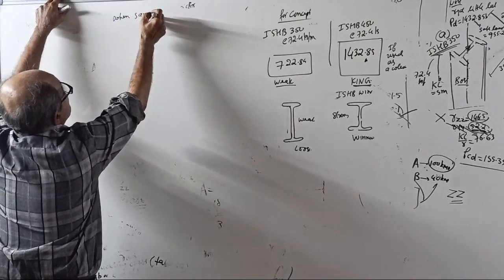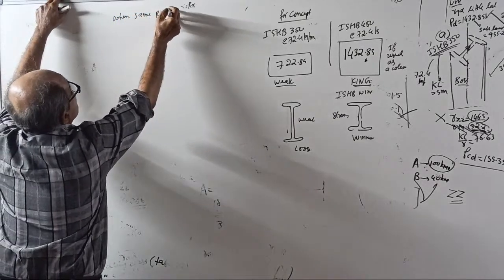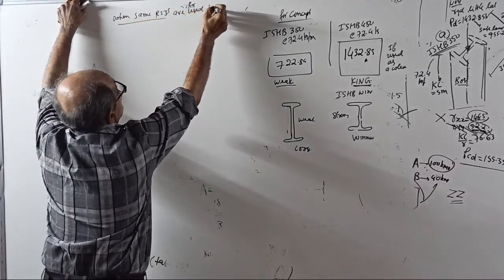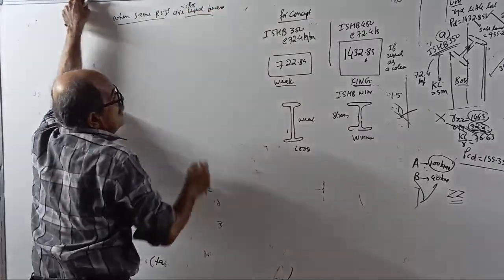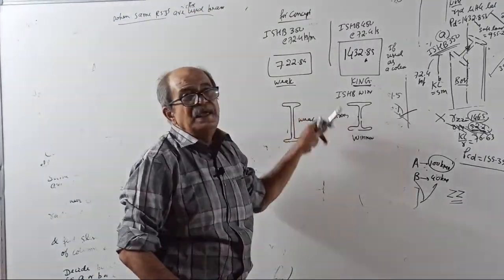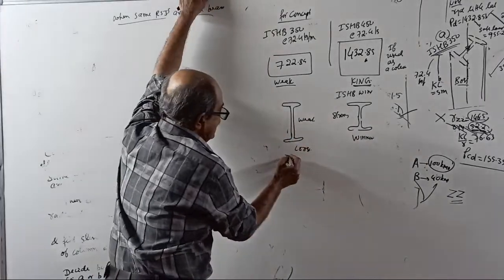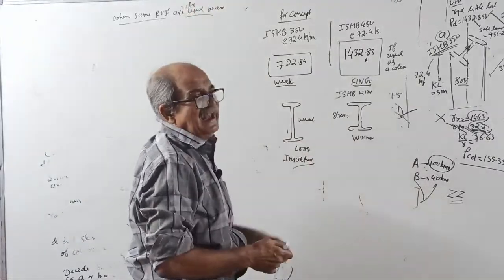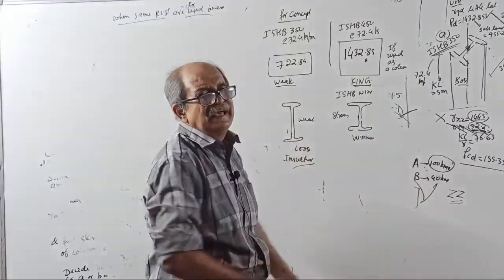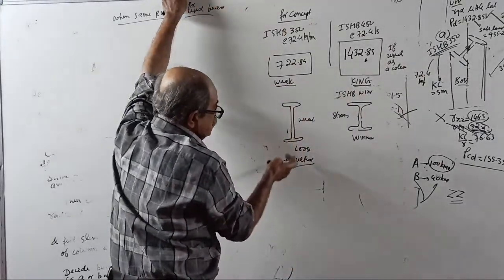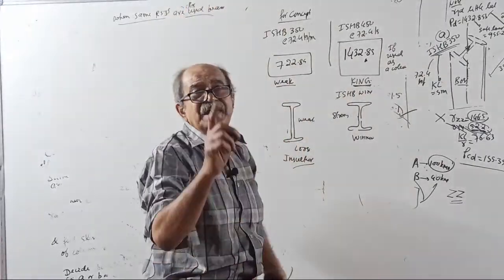When the same two sections, the same two RSJs, are used as beams, the one who got royally beaten, the one who got insulted, see, this one got insulted. ISHB will tell, hey, you are useless, I am so strong. The one who got insulted will take revenge.